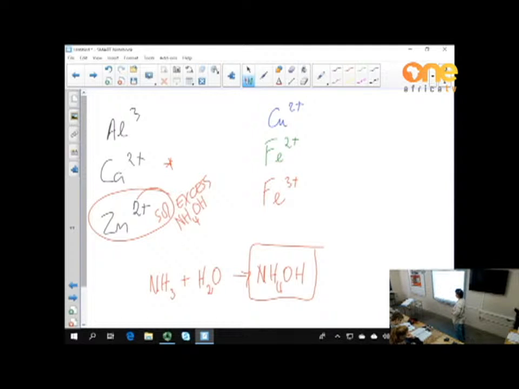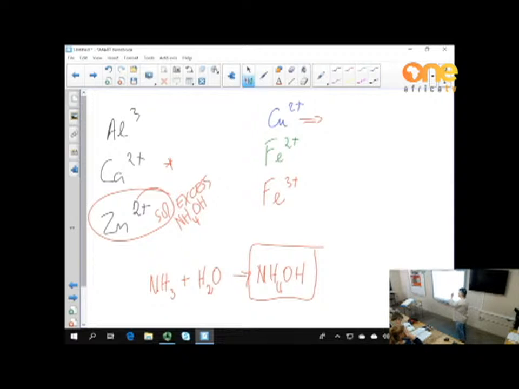Okay, now, when we're going to have a look at the metal ions with ammonium hydroxide, we said we get the light blue precipitate, we get the green precipitate, and we get the red precipitate. Here by copper, there's something extra that happens. If I go and add excess to all of them, the green precipitate will remain, the red precipitate will remain.